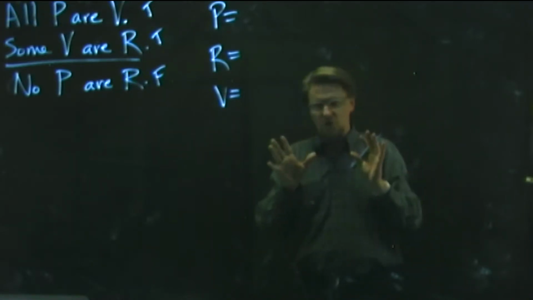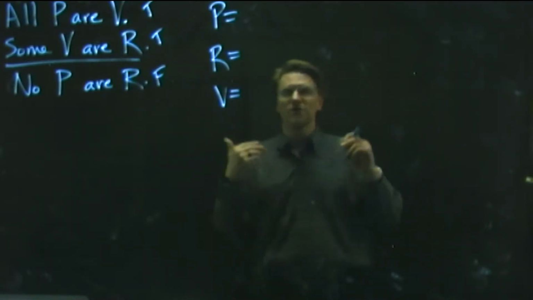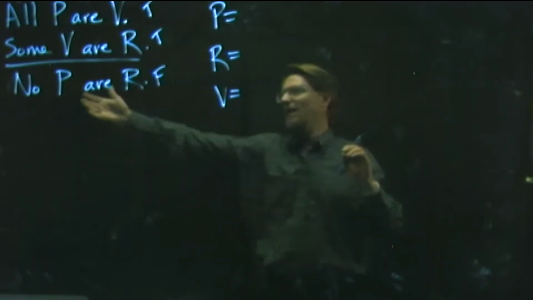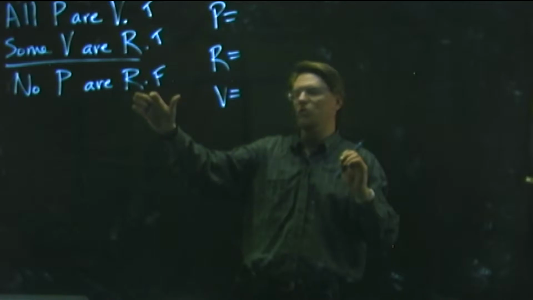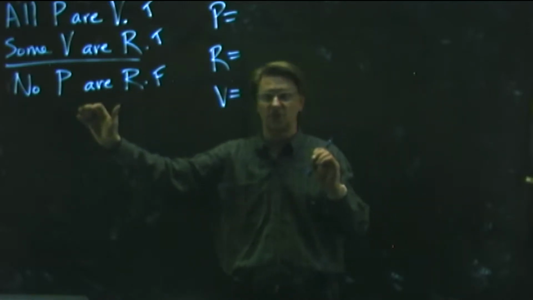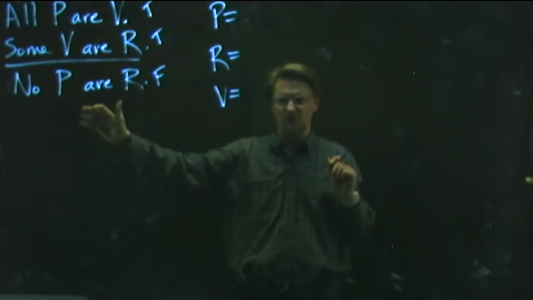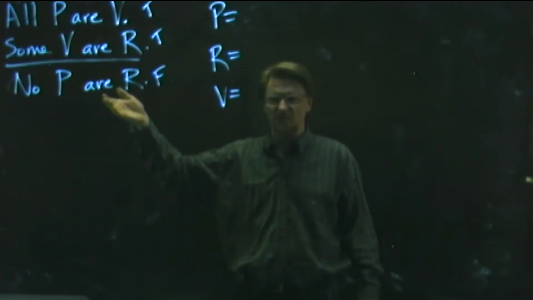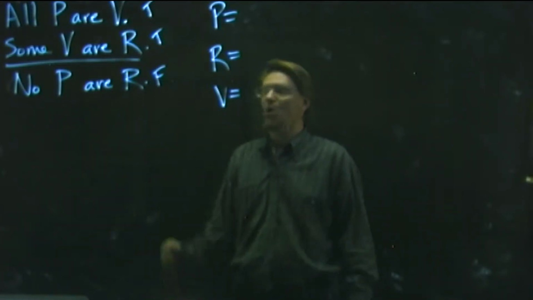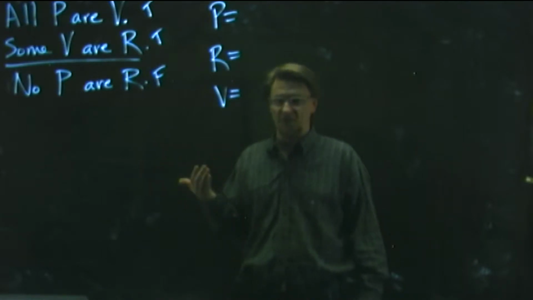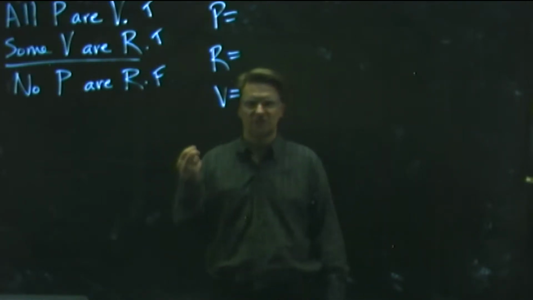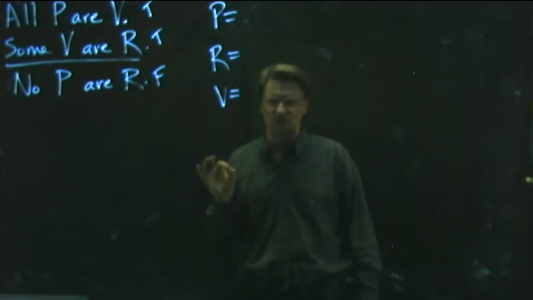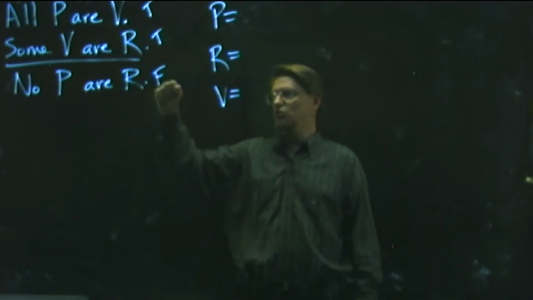I want to warn you, and this is why we looked at 3.2 before we got to 1.5, right? In 3.2, you learned how we would describe this kind of categorical proposition, this E proposition here, as a negative proposition. And what I want to tell you is that anytime your conclusion is negative, so it would be an E statement like this, or some are not, right, an O statement, be extra careful when you make substitutions for these letters that your conclusion in fact turns out to be false.